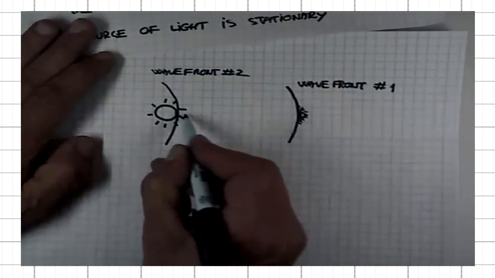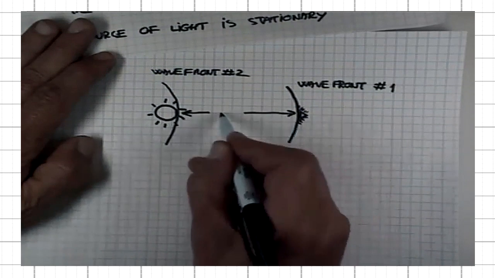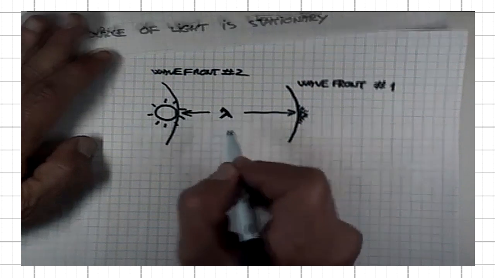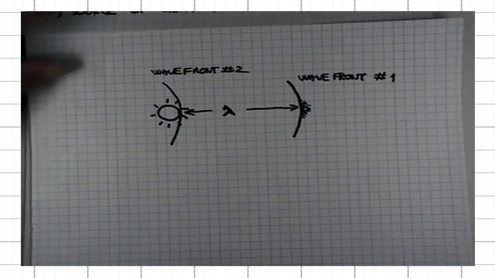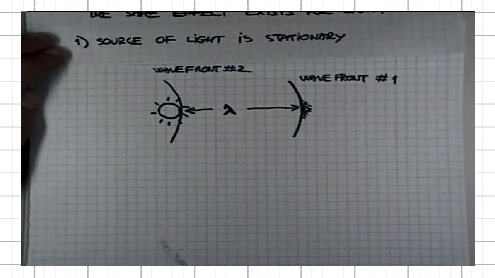Then, of course, the distance between two successive wavefronts is the wavelength. So that would be the wavelength of light that you detect emitted by the source. So this is when the source of light is stationary.